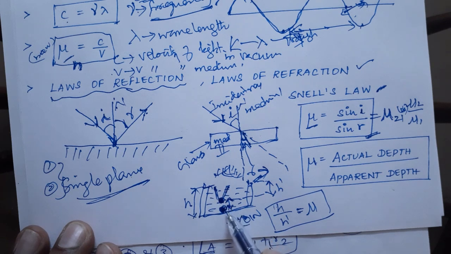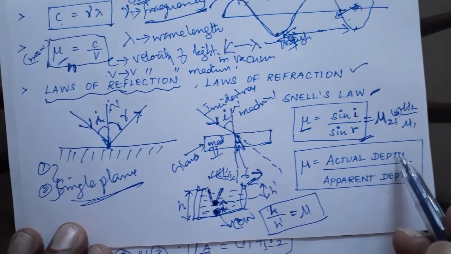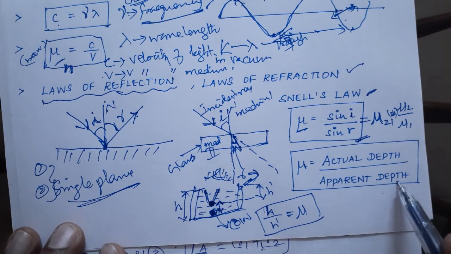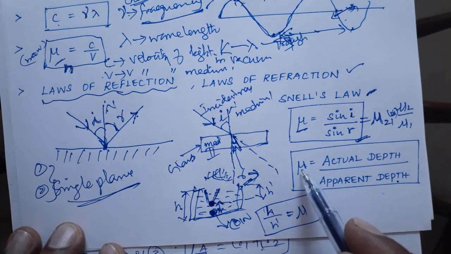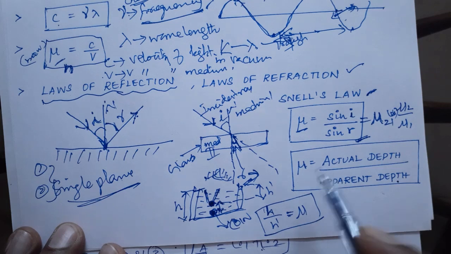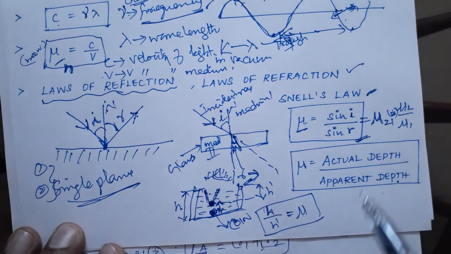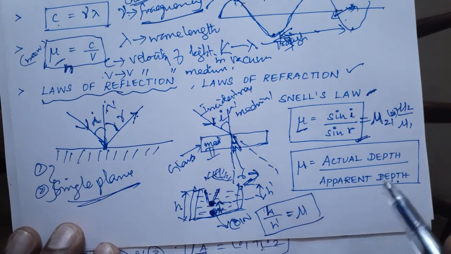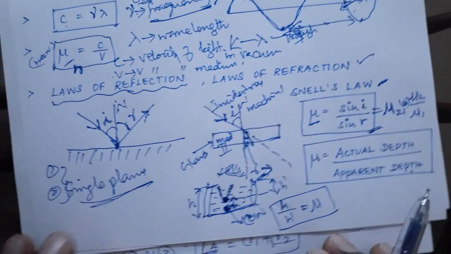So there is some difference between the bottom and the apparent height. So the ratio between actual depth and apparent depth is another way of defining the refractive index of the medium. As far as liquids are concerned, you are going to find the refractive index like this only. So mu, the refractive index, is actual depth by apparent depth.